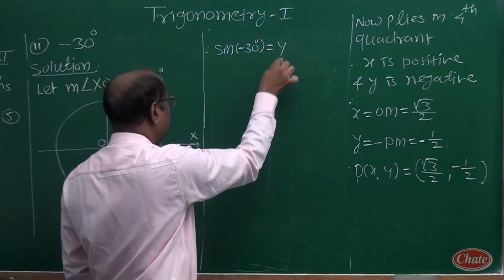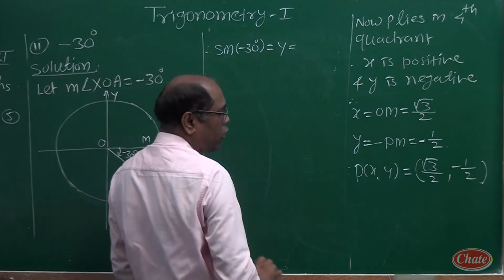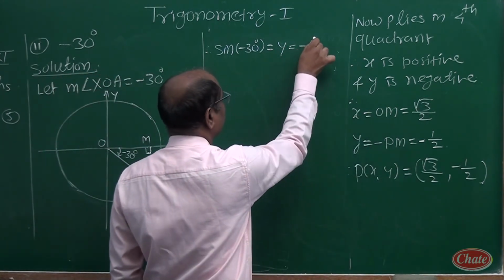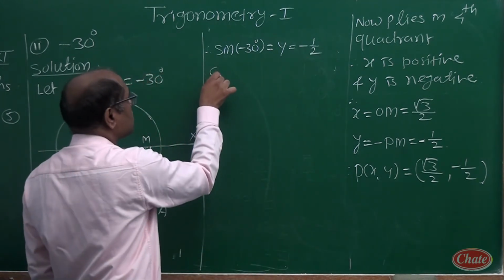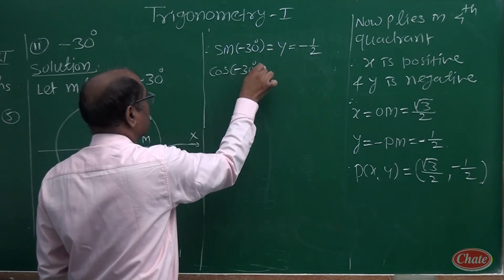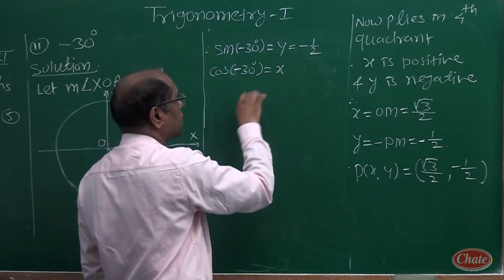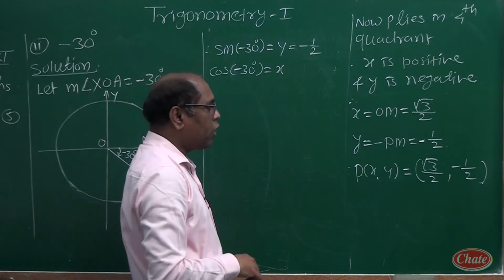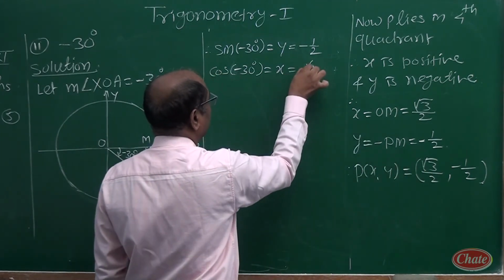It is the y coordinate of point P. What is the y coordinate of point P? Minus 1 by 2. Then cos of minus 30 degree is equal to x. Cos theta is equal to the x coordinate of point P. What is the x coordinate of point P? Root 3 by 2.